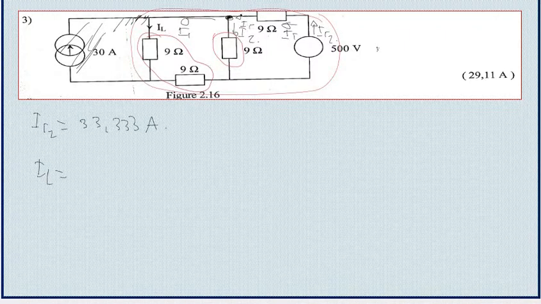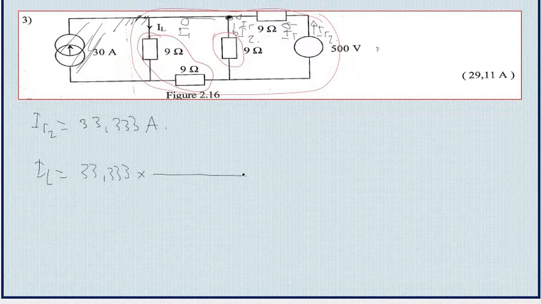We have the total current here, and we multiply by the sum of the resistance, because IL is flowing in this block here. This block is made of resistances connected in series, so the total resistance will be the sum. We have 9 plus 9, which is 18. That 18 is the resistance of the first block.